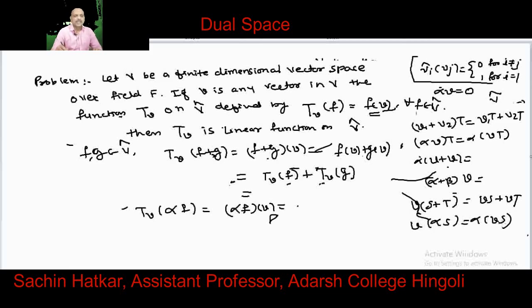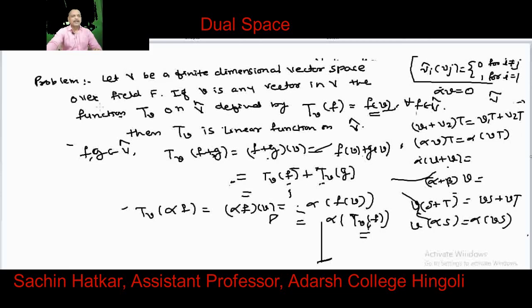Then this is equal to alpha times F of V, but F of V means T suffix V of F. Now you see that both the conditions of a vector space are satisfied by this mapping, and hence T suffix V is a linear functional on V cap. We have defined that. I hope you get this concept of linear functional.